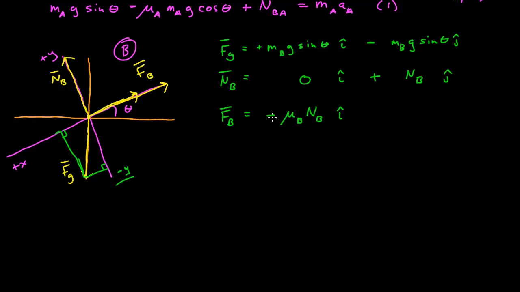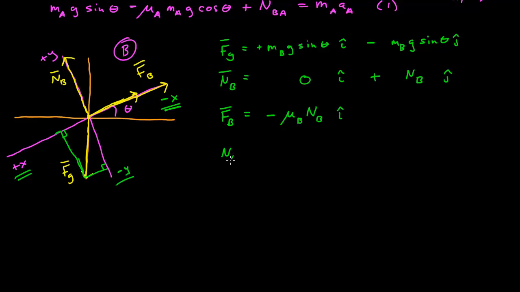It's along the x-axis, and it's in the negative x direction. And that's how I set this up, so that my positive x was in the direction of the acceleration. So this is the negative x. I have the entire magnitude of my frictional force pointing along the negative x direction.